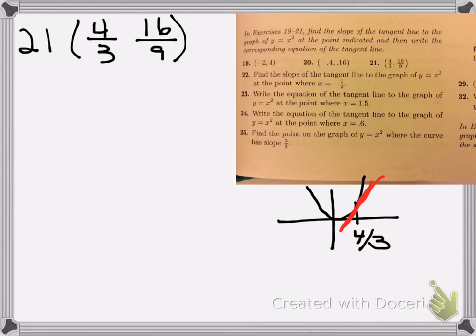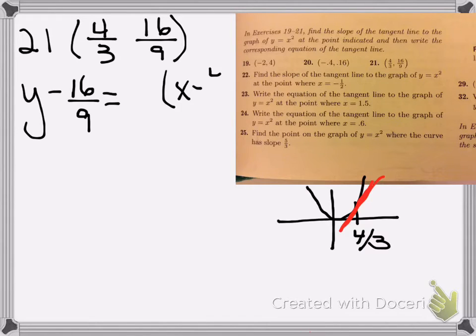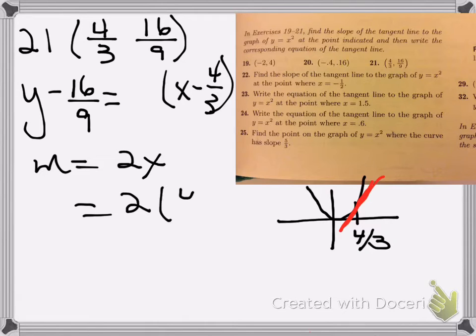Okay, we have our point 4/3 and 16/9, and they've asked us to write the equation of the tangent line, and that's the red line pictured below. So the equation is going to be y minus 16/9 equals, I'm going to leave a space for my slope, x minus 4/3, and again my slope is going to equal 2x because I have the parent parabola, and 2 times 4/3 is going to be 8/3.